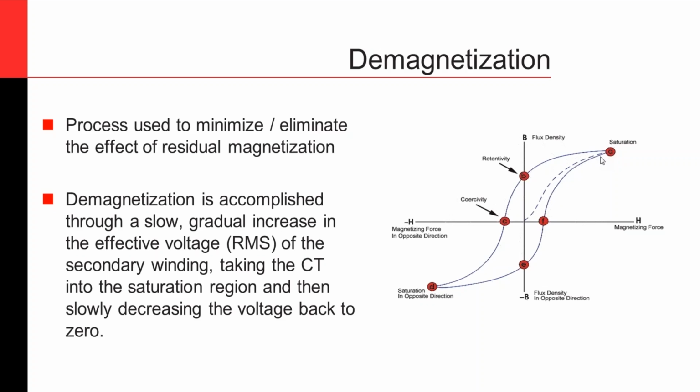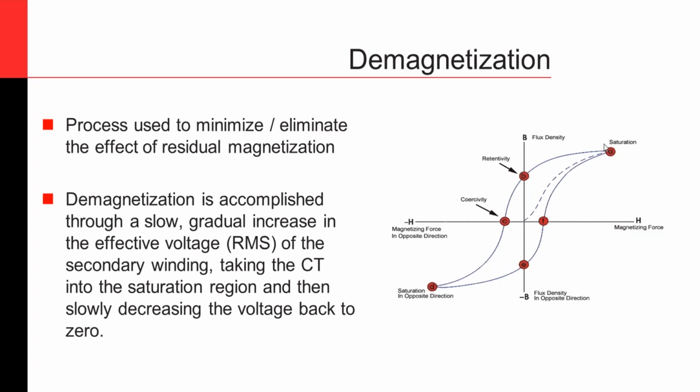So both are bad. So what you do is you gradually increase the secondary voltage, by applying current, or you apply voltage and you measure the current.